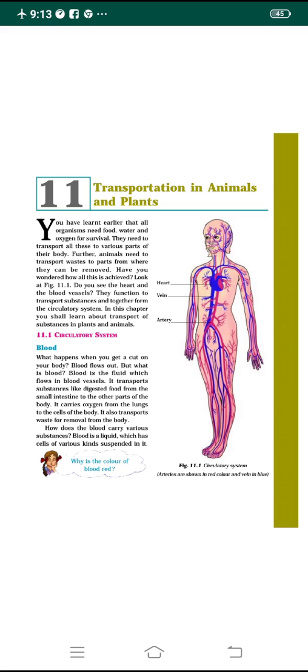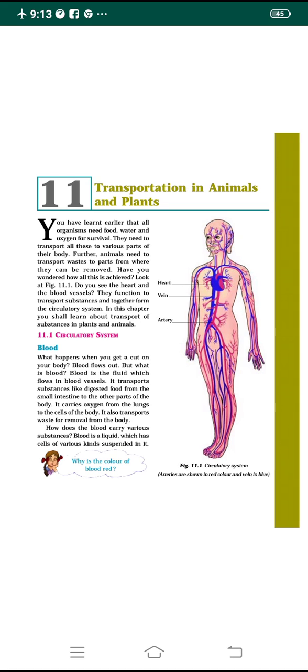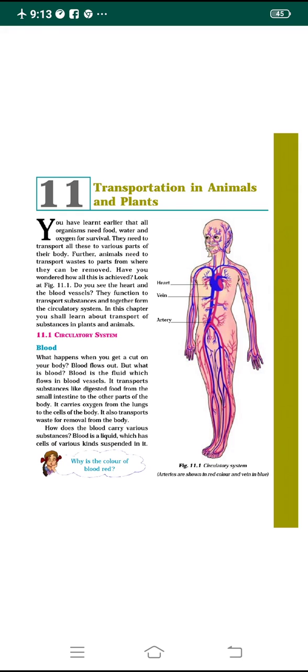Dear students, in the previous class, I started the lesson Transportation in Animals and Plants. We discussed what the circulatory system is and what blood is. As you know, blood is a fluid which flows in the blood vessels. The function of blood is to transport substances like digested food from the small intestine to all other parts of the body.